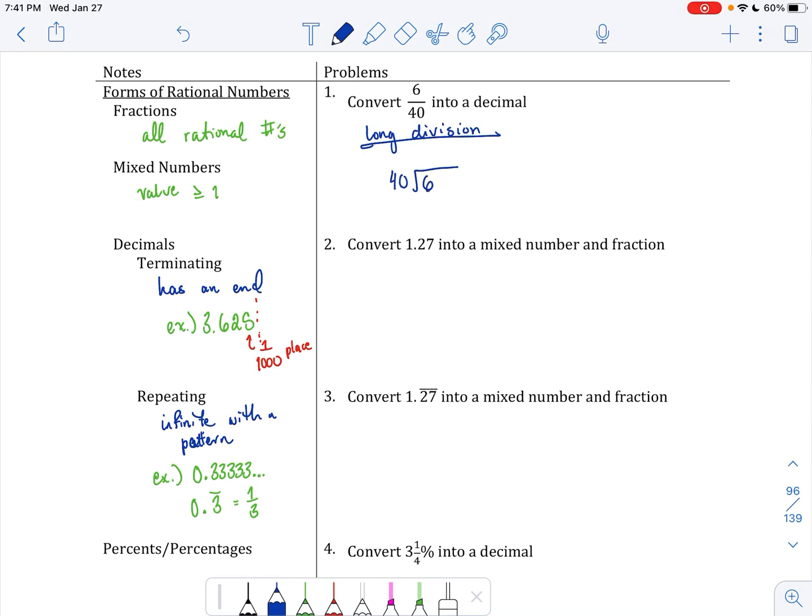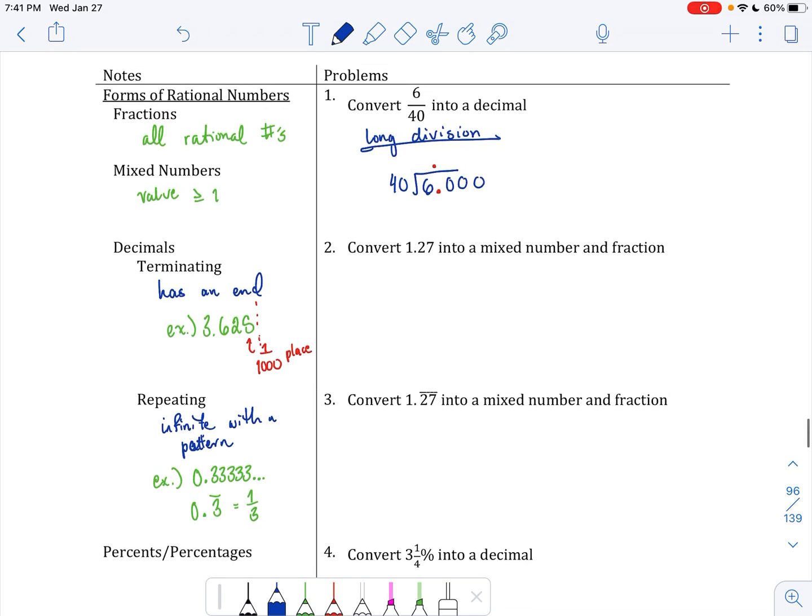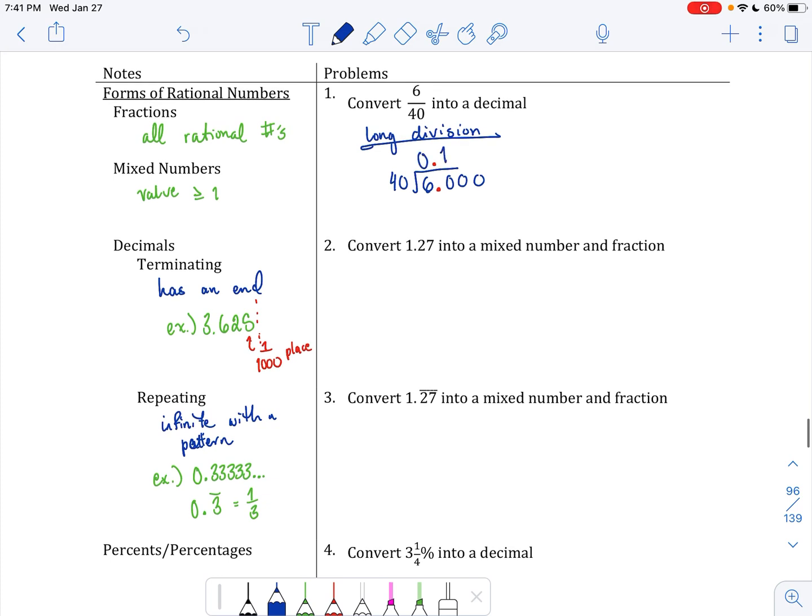So in this case, that means 40 divided by 6. There's not enough decimal places, so we want to add in a decimal point here. Give ourselves some more zeros to play with. 40 goes into 60 once. So that's 1, where it's then on top of the 60. 40, 20, bring the 0 down. 200, that goes in 5 times without a remainder, so that's the end.